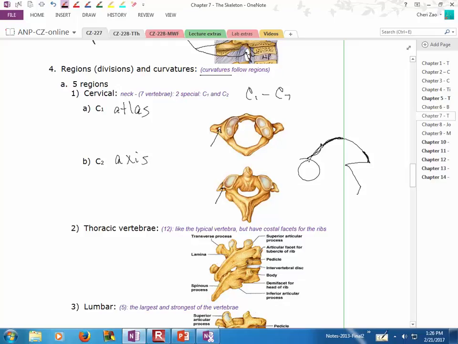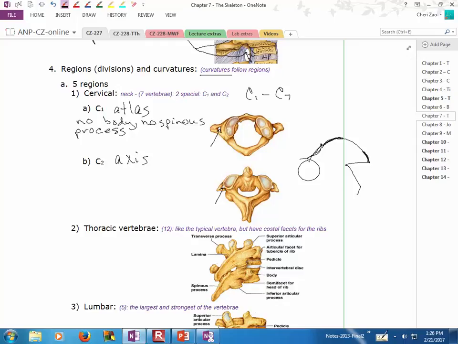C1 is unique in that it has no body and it has no spinous process. Instead, we talk about the anterior tubercle and a posterior tubercle.